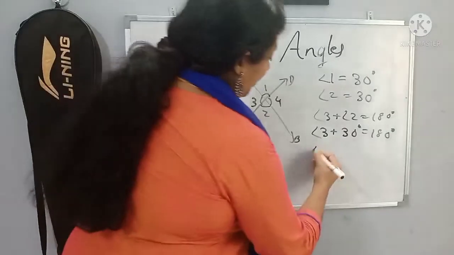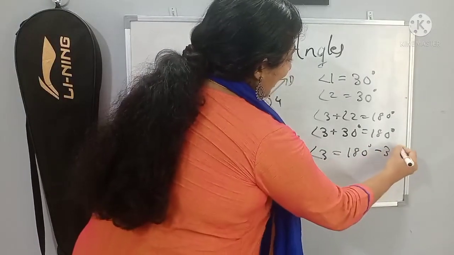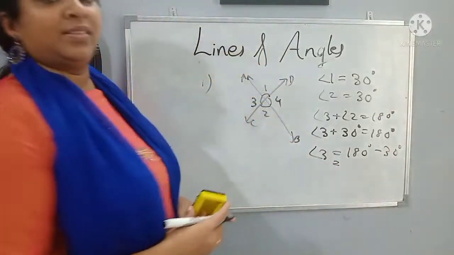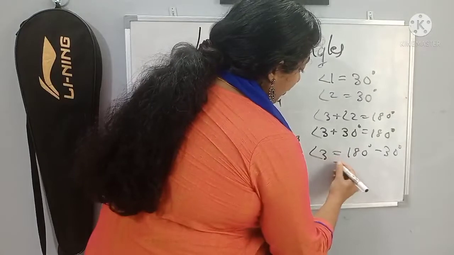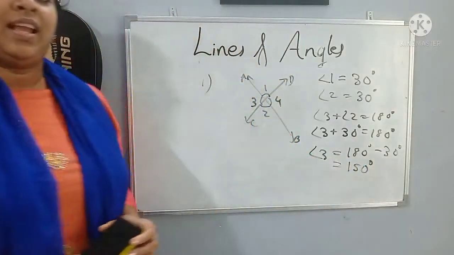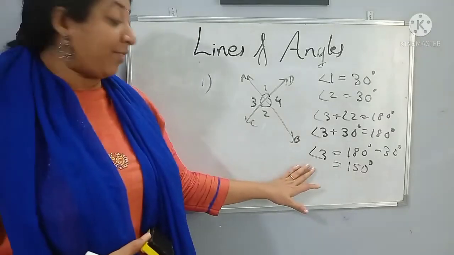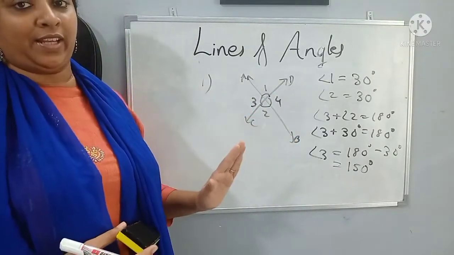Angle 3 is equal to 180 minus 30 degrees, which is 150 degrees. So if angle 3 is 150 degrees, then angle 4 will also be 150 degrees.